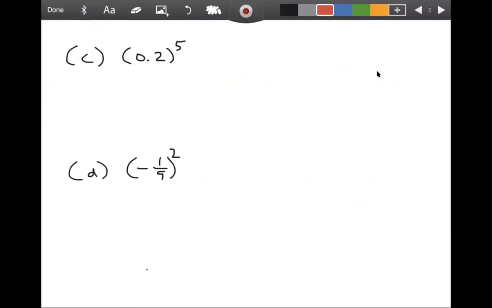Okay, next we have the 5th power of 0.2. So you could do this with a calculator. What I like to do is to explain that sometimes fractions are actually your friend.